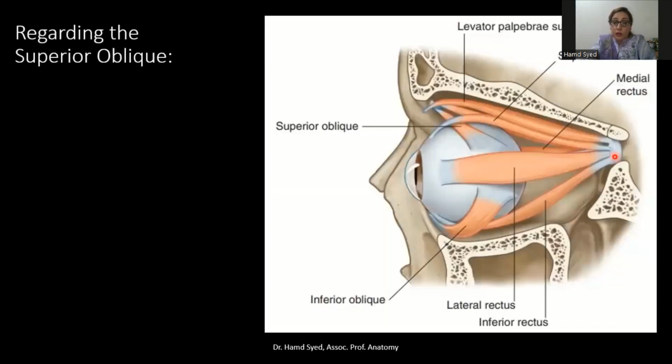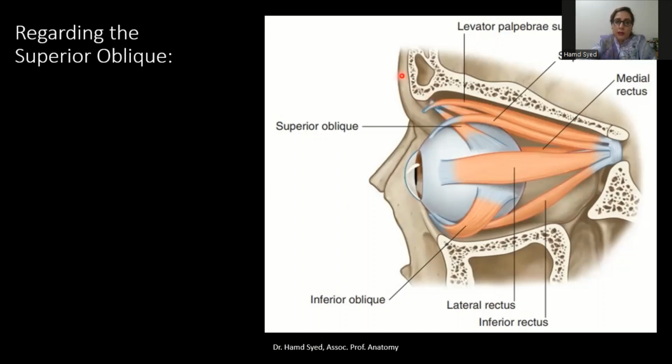So let's look at the superior oblique muscle we have over here. Superior oblique, you can see, is this muscle directly where you can see the laser pointer. Its origin is from the posterior aspect, that is the apex of the bony orbit, but not from the common tendinous ring. It is from the sphenoid bone. And as it passes forwards, it passes through this trochlea. So what is the trochlea?